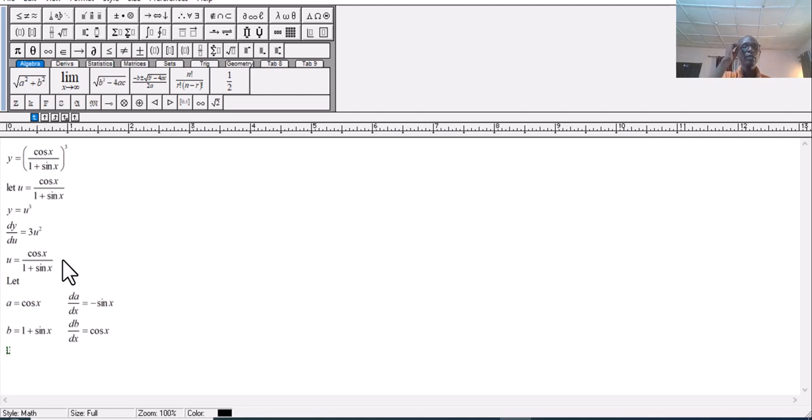So this is a quotient. We have to apply the quotient rule.